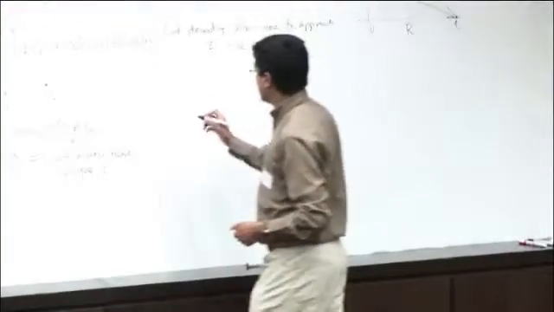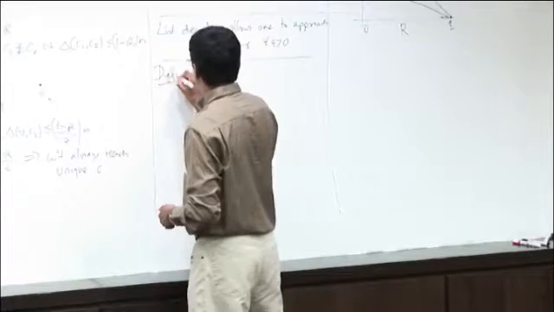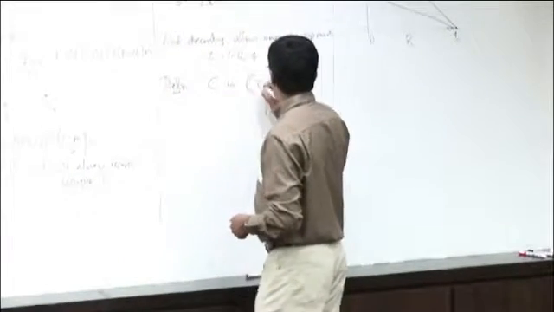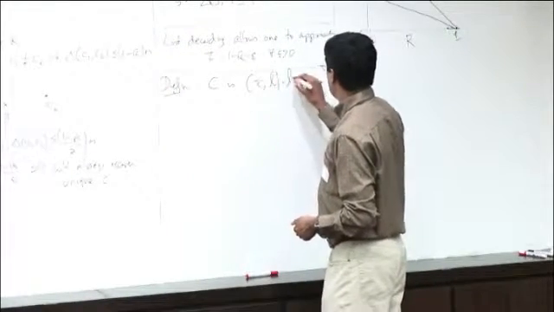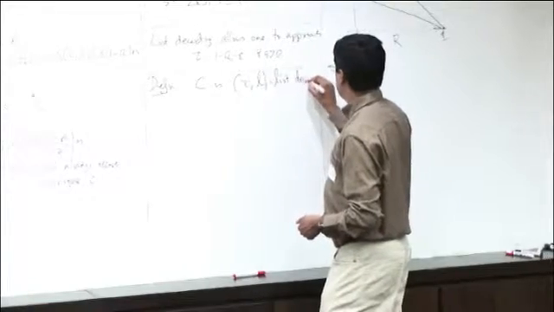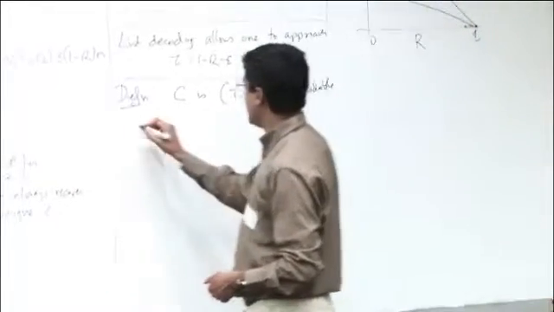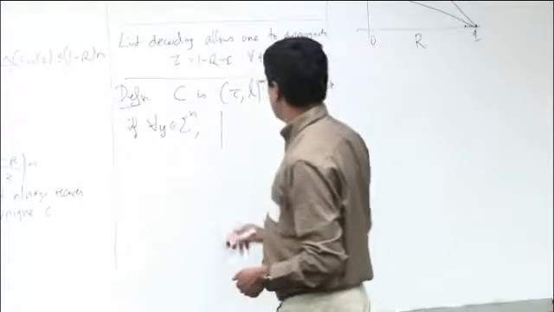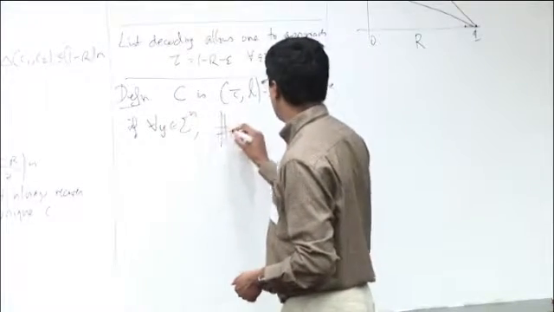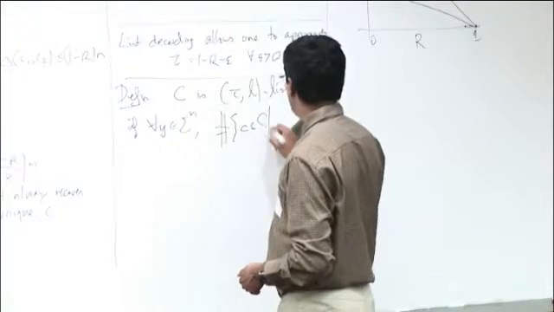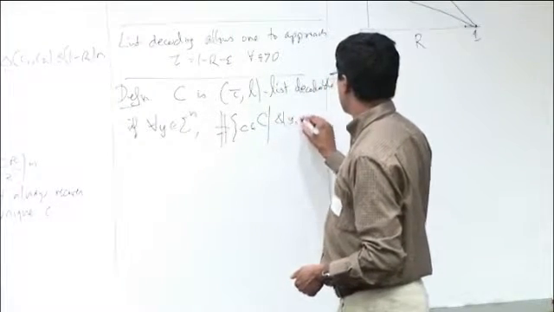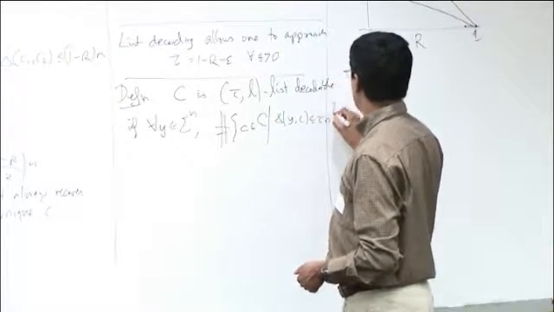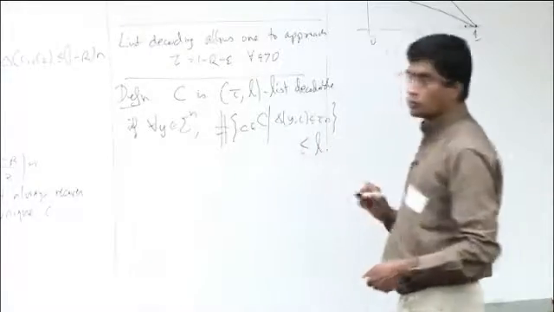So that prompts a definition. C is tau comma L list decodable, where L is the other parameter, the list size, if for all y in sigma to the n, the number of code words in C such that delta(y, C) is at most tau n is at most L. So there are not more than L code words.